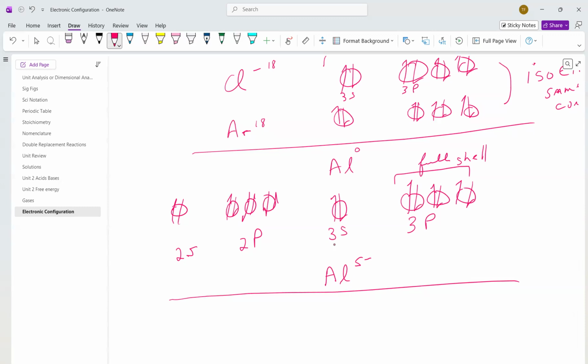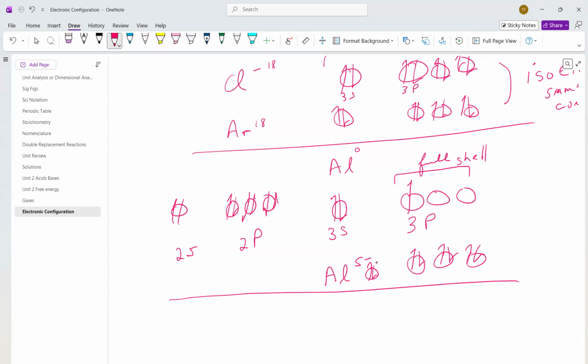Now, you always have the option of adding or taking away. Let me do this strip off. Okay, so that's what the Al 5 minus configuration looks like.